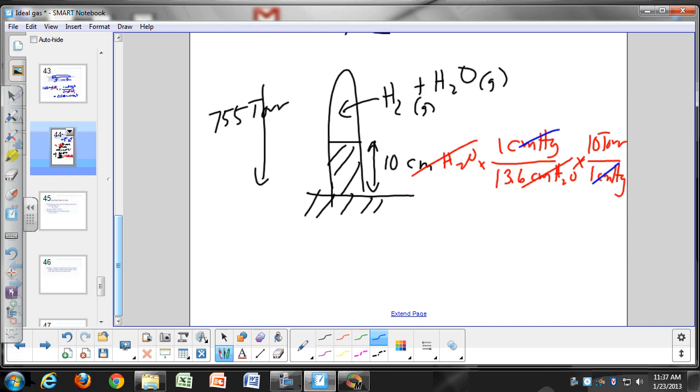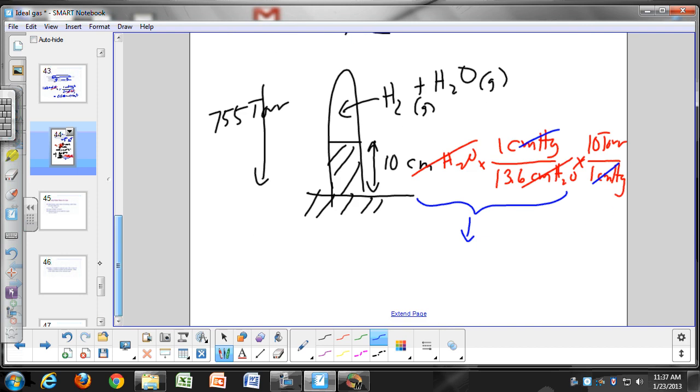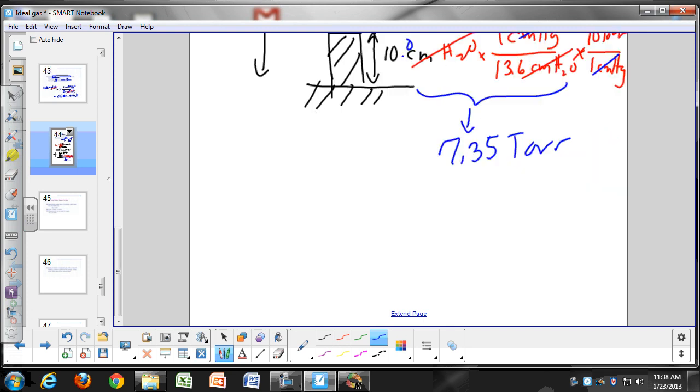So 10 times 10 divided by 13.6, what would that give me? I think this is 10.0 centimeters, so 3 sig figs. So what's 10 times 10 divided by 13.6? 7.35 torr. So what's the pressure of my gas then?